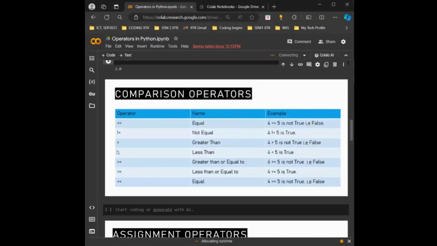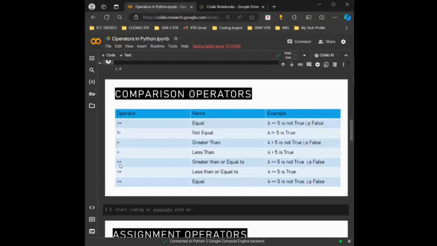So what is the difference between greater than and greater than equal to? Are they same or different? Obviously, if it is mentioned, there is a little difference. Greater than means that if the number on the left hand side is greater than the number on the right hand side of the operator, then it's true. Equal to means if both the numbers are equal, then it's true.